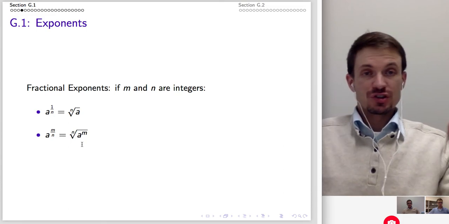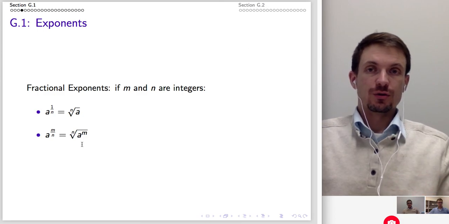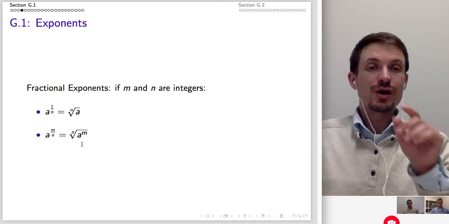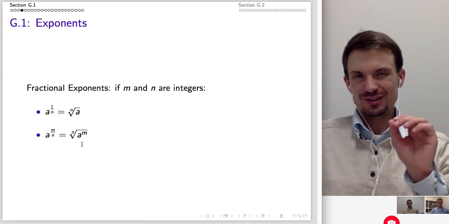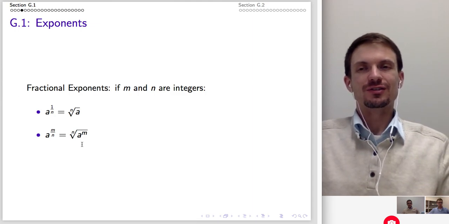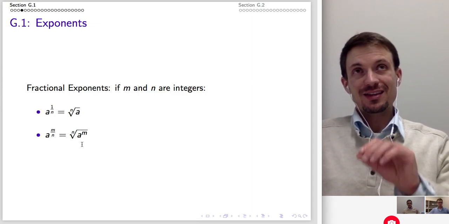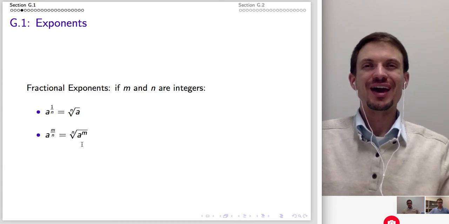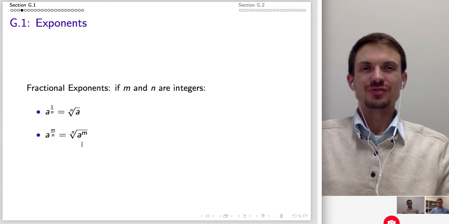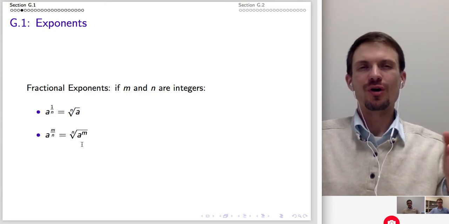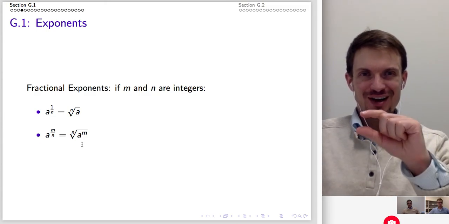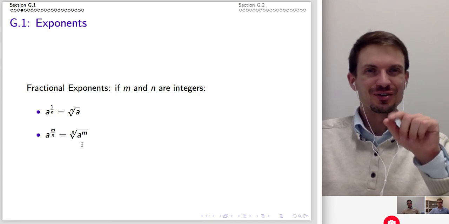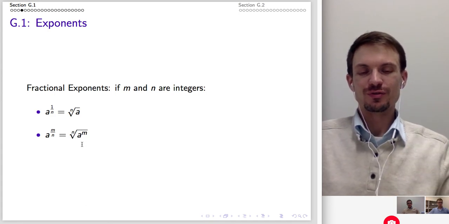So when we have a square root, when it's just a regular square root radical, we never write that 2. But implicitly, that 2 is right there where this n is, right? So a to the 1/2 is the same as the second root of a. Okay, so if you use this, you can remember, oh, wait a second, whatever is the denominator goes into the little crux of the root.